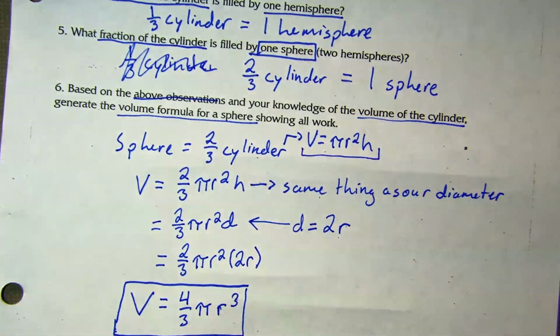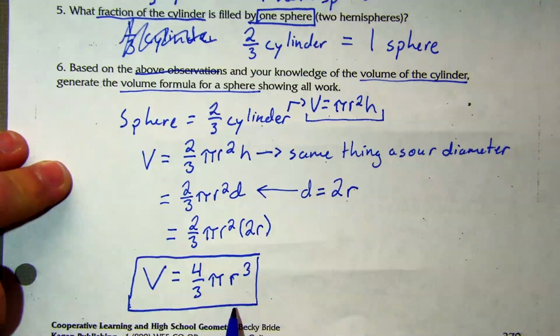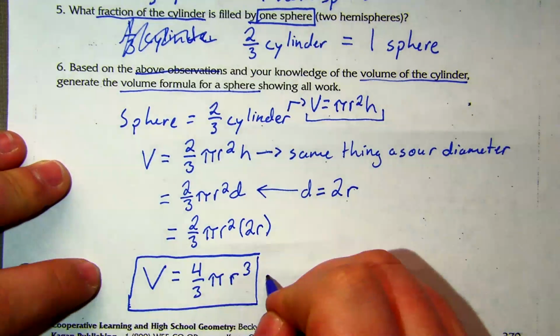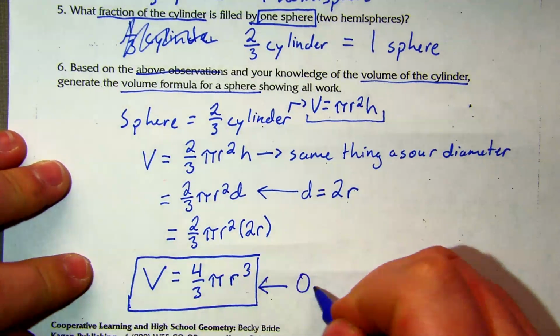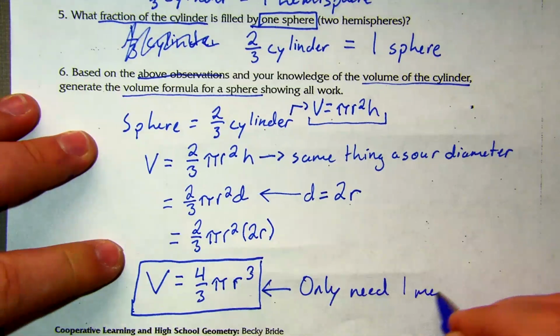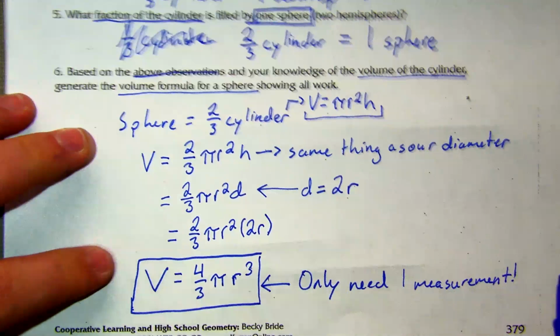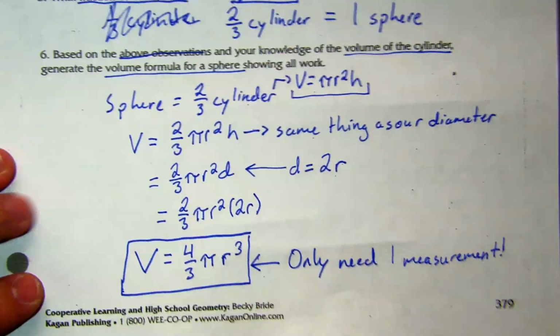How many different measurements do we need to work with that one? Two. Yeah, we need a radius measure and we need a height measure. How many measurements do we need to work with this formula down here at the bottom? We just need one measurement. So you only need one measurement for your sphere. That makes this formula really nice and easy to use.